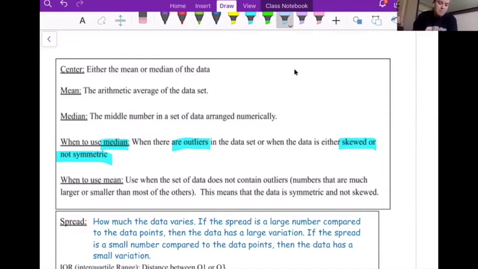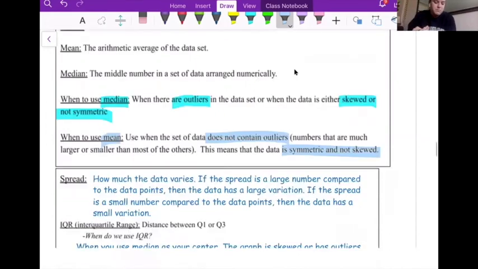And then we use the mean if it does not contain outliers, if it's symmetric and not skewed. Okay, so that's our center. When we look at our data, we want to see, do we have outliers or is it more symmetric? The first thing that we do is decide if we should use mean or median.